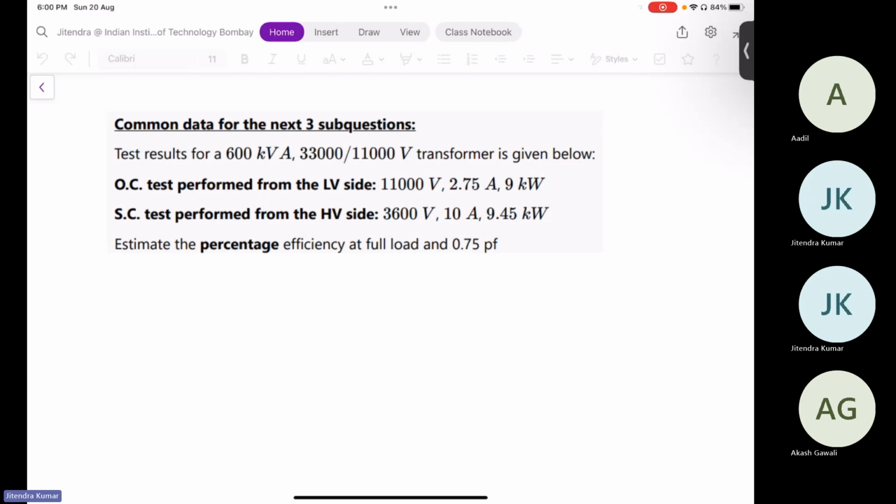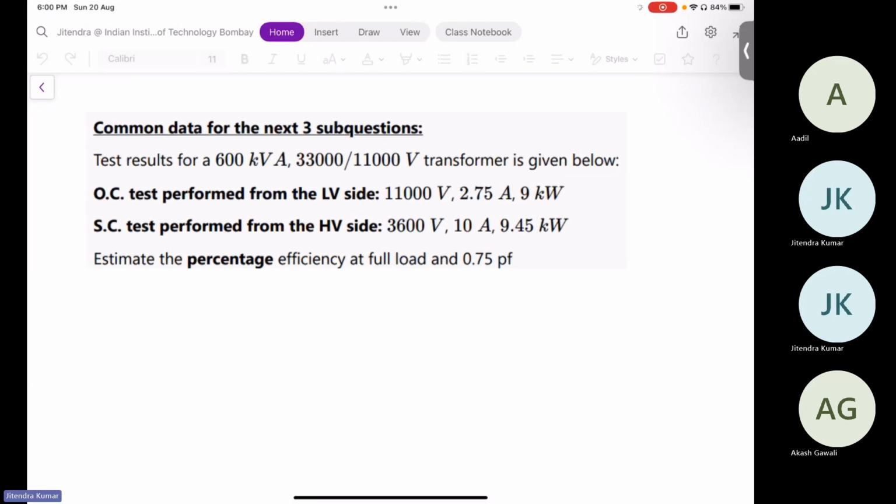Yeah, so this was the problem where we left, and I asked that you try it on your own and let me know. So I hope you must have tried. Adil, did you get the answer for this?